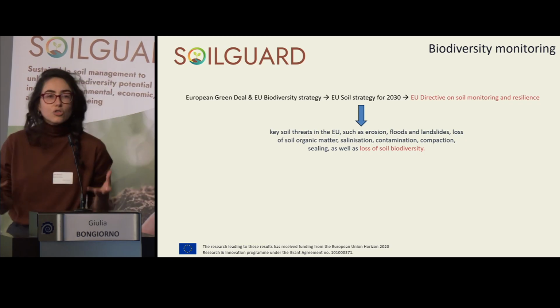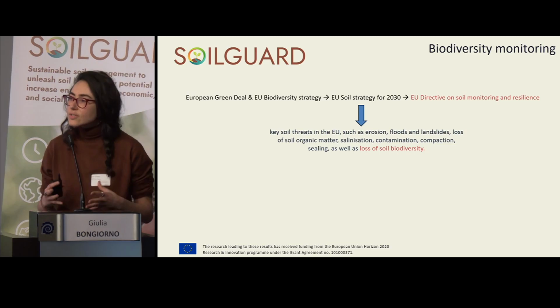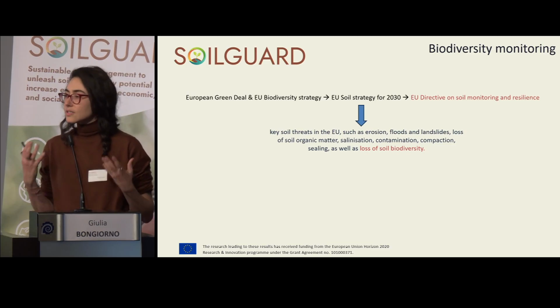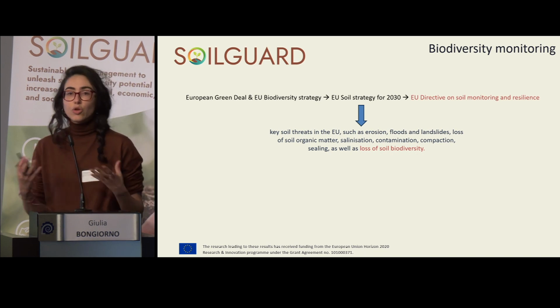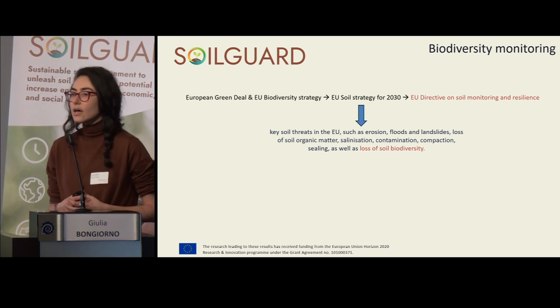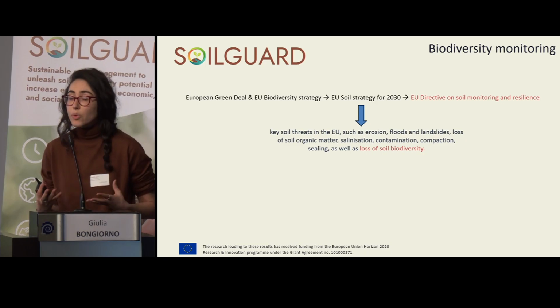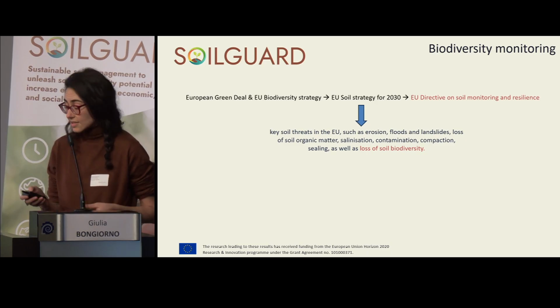Why? Well, because soil biodiversity is very important. There is an intrinsic value of soil biodiversity, but different soil biota are very important for a variety of functions that we don't have time to go in depth here, but they are really underlying very important processes in soil.